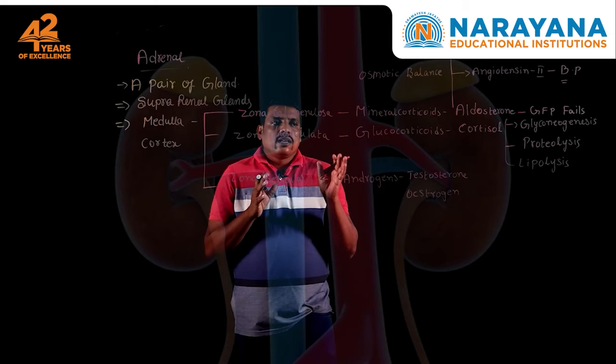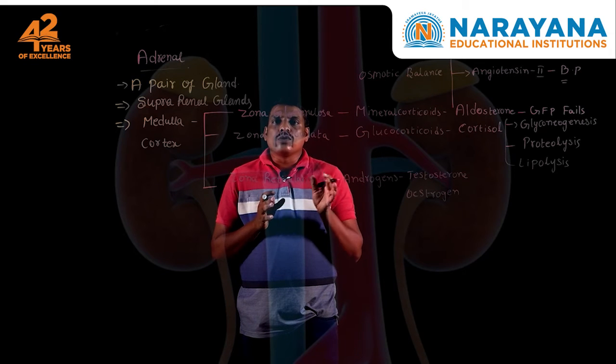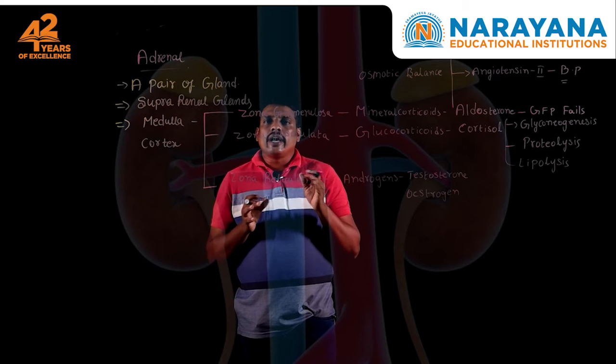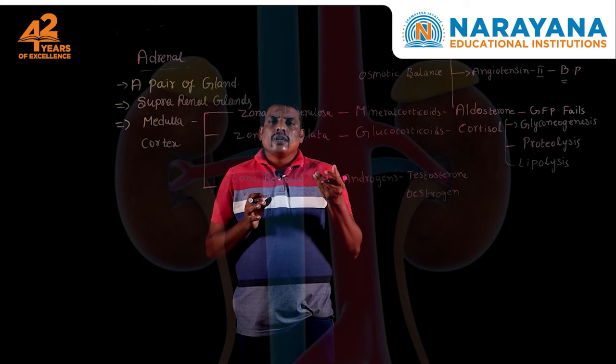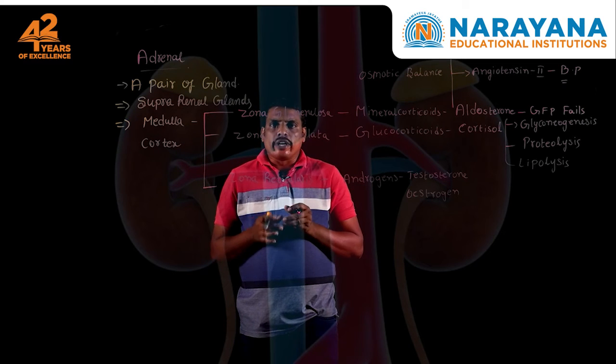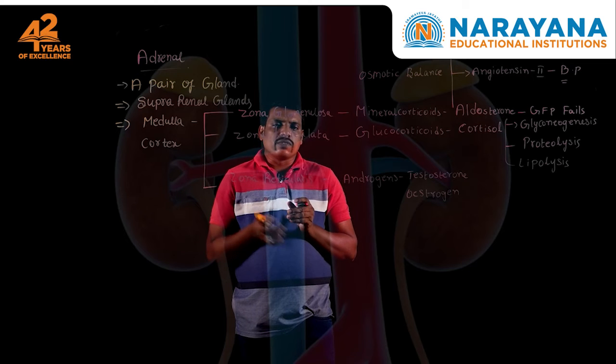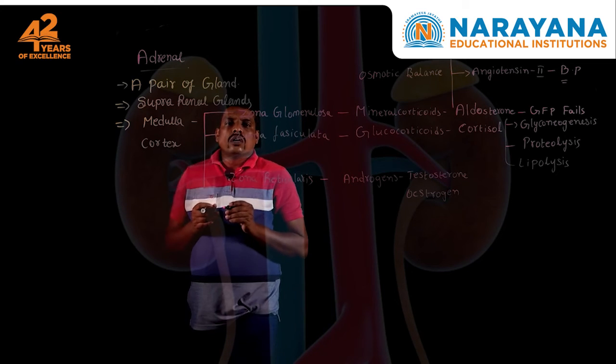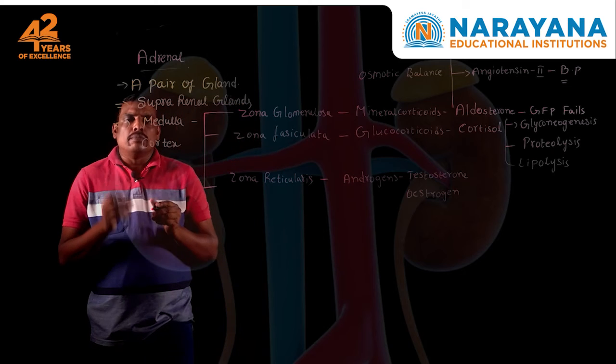Steroidal hormones like androgens help in the growth of hair in the axillary region and in different parts of our body, especially on the surface of the genital organs. That's about the zonal regions of the medulla.